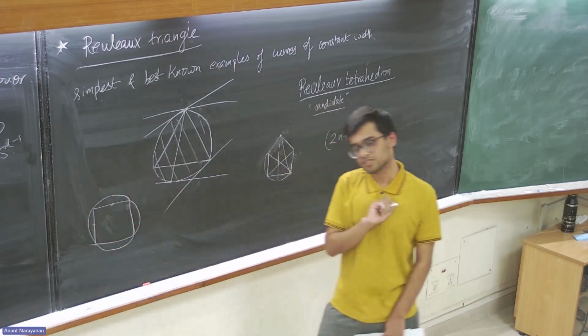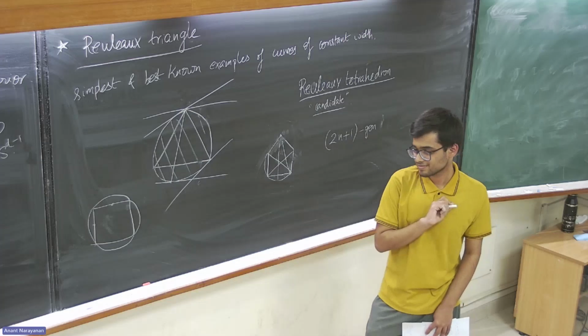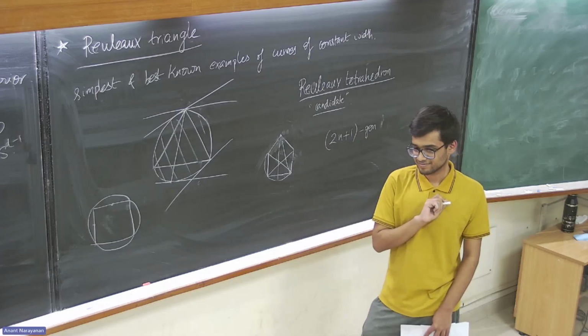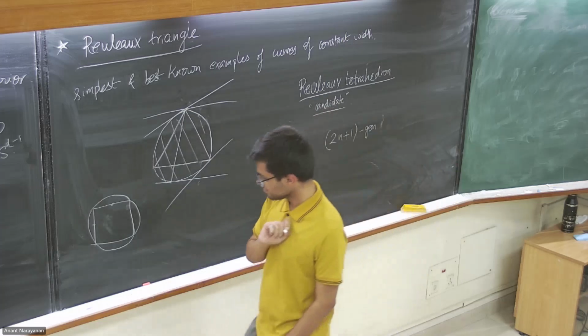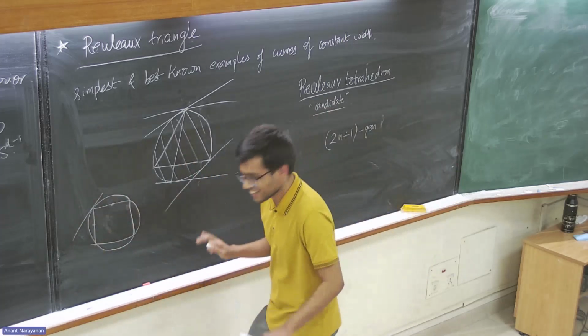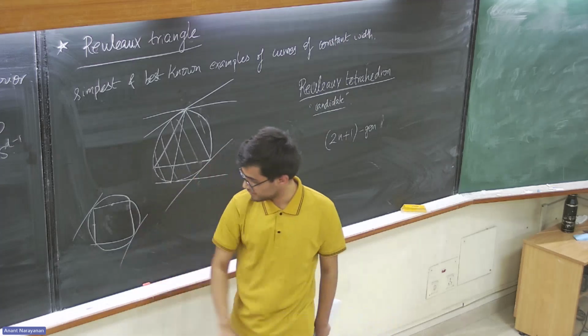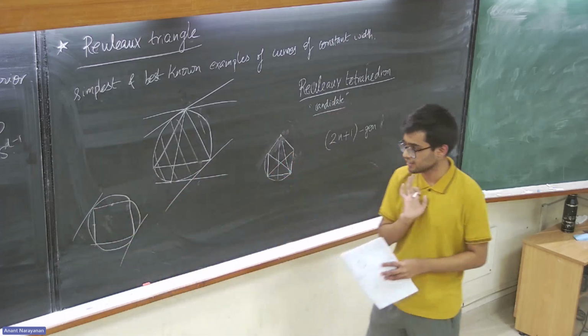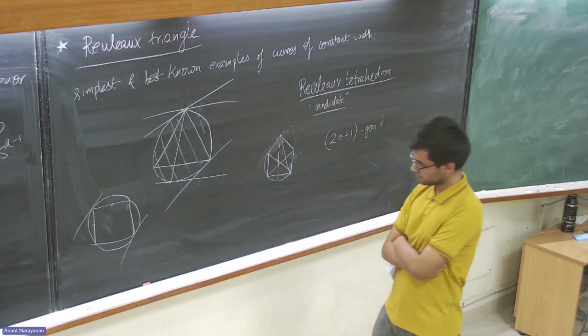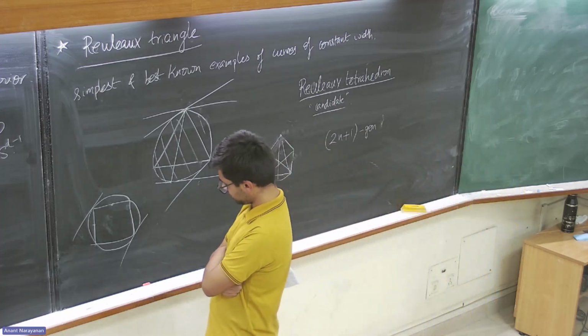Is this a curve of constant width? Can you see that? Over here, if you take supporting hyperplanes, the distance is the diagonal length. But let's see, the same argument should work.